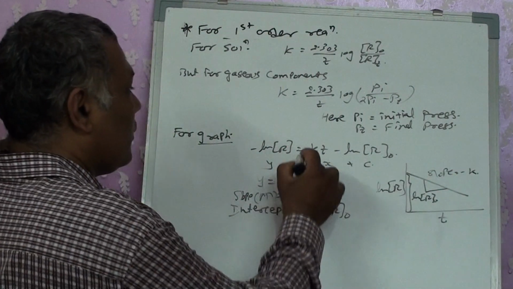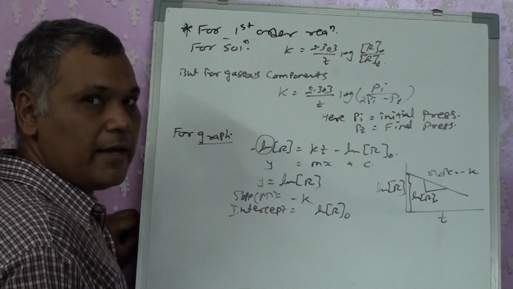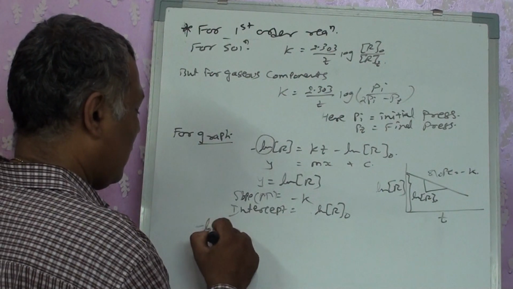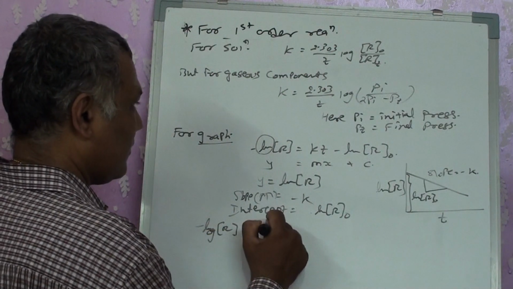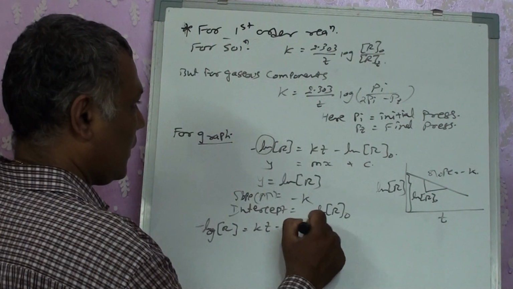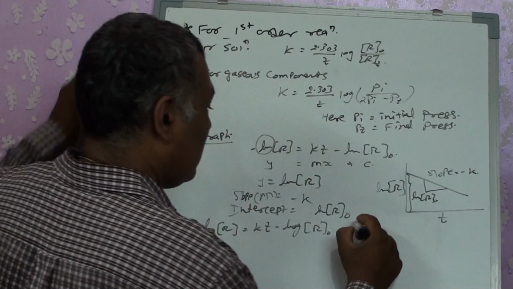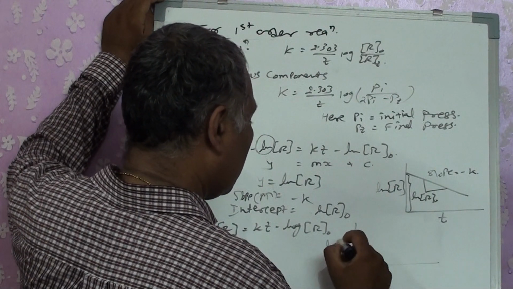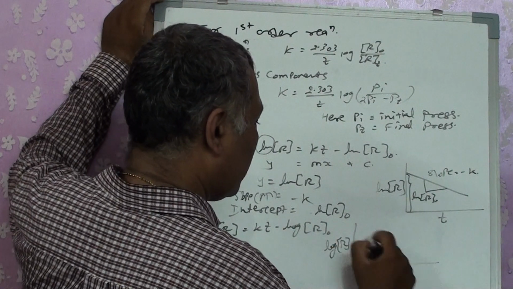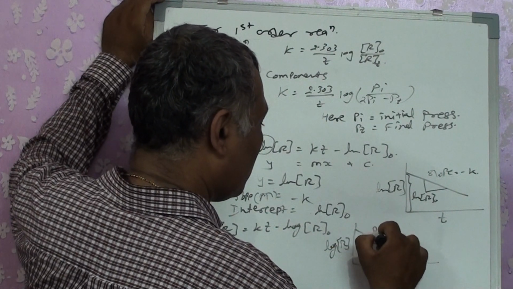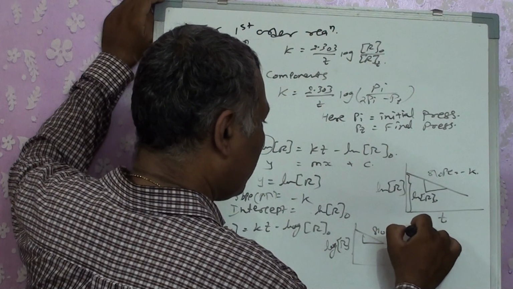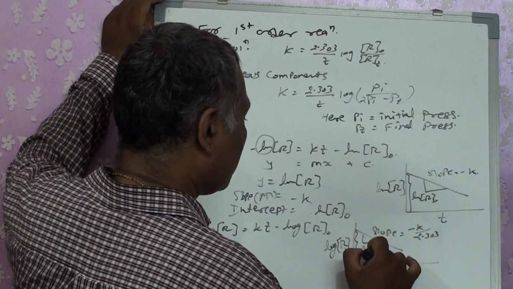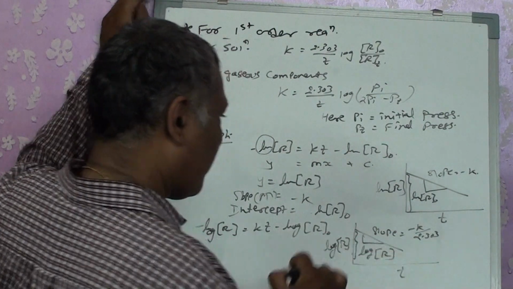But if we convert this ln into log, that means if I write it as log to the base 10, then my graph is going to change. I'm going to get a graph of log R against t, slope at that time will become minus k by 2.303 and intercept is going to become log R naught, right?